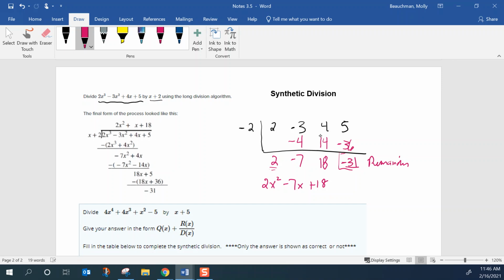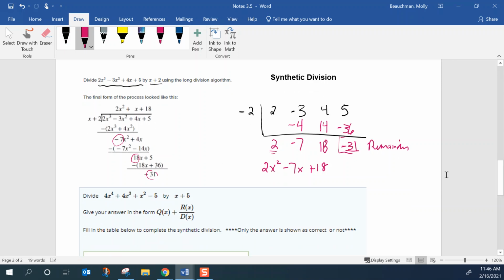If you see how this is related to long division, the negative 7 here corresponds to this negative 7. The 18 corresponds to this 18. The negative 31 corresponds. So it takes out all of the extra steps and does a quick process so that you can divide quickly. So let's try one.